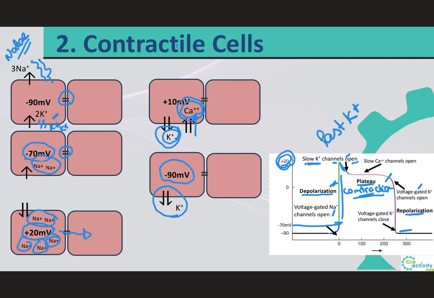We also have the entry of calcium, and this exit of potassium and entry of calcium forms the plateau, which is where muscle contraction occurs. Then the calcium channels close, but the voltage-gated potassium channels remain open, and that will cause repolarization of the cell. And then the whole cycle starts over and over again.